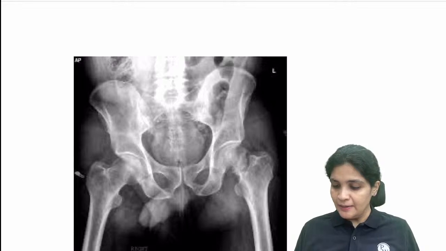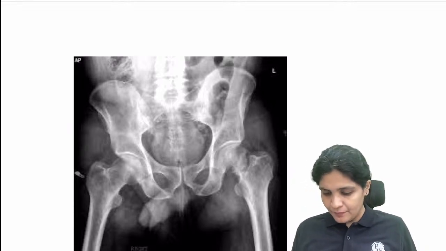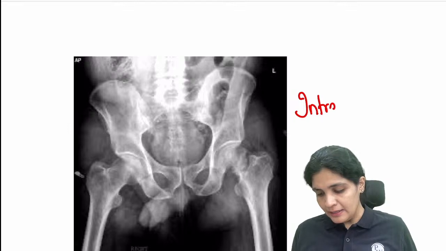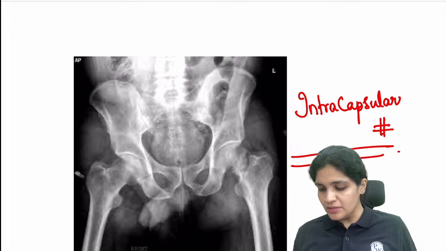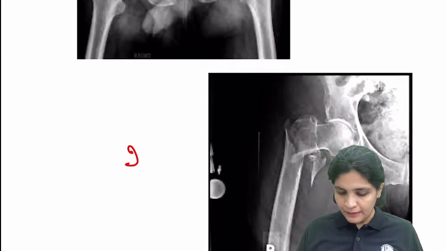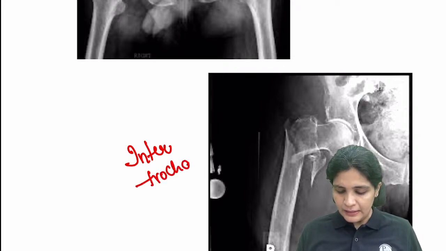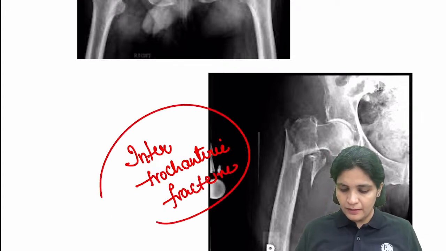But in case of X-rays, so usually they put these X-rays. So what is this? So this is an intracapsular fracture, right? So this is an IC fracture. And what is this? This is an intertrochanteric fracture, right?